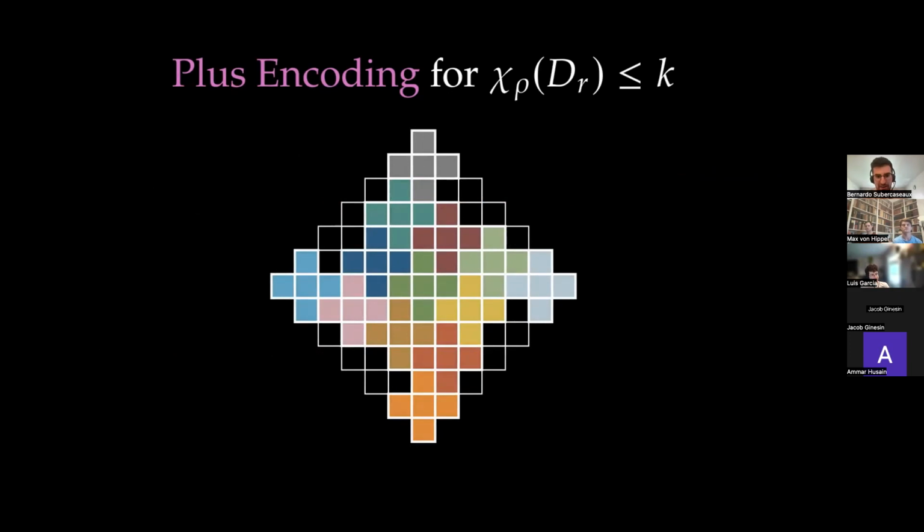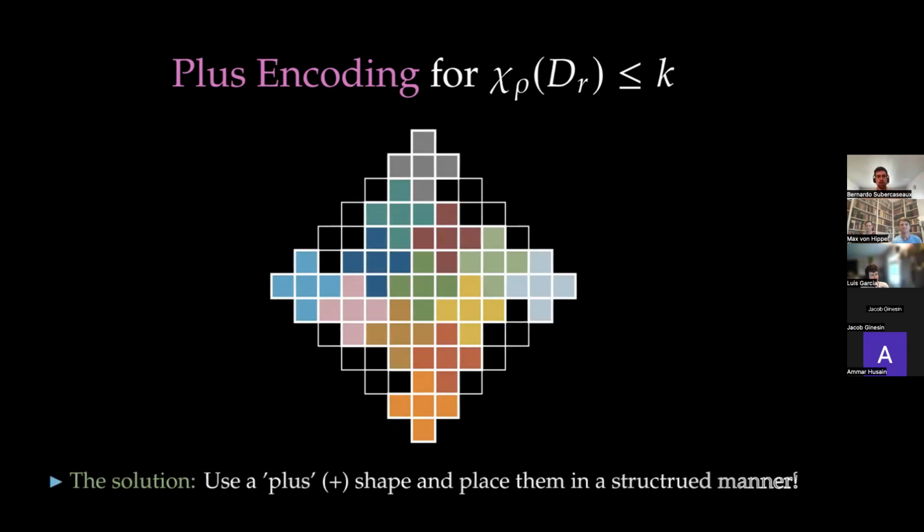So that's what the plus regions look like in that particular diamond of radius 6. We place them in this structured and symmetric manner, and that's going to be quite important.